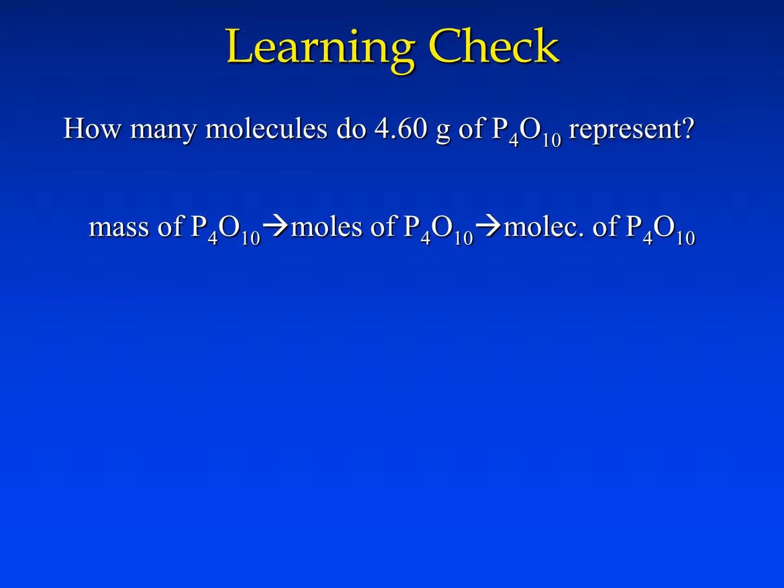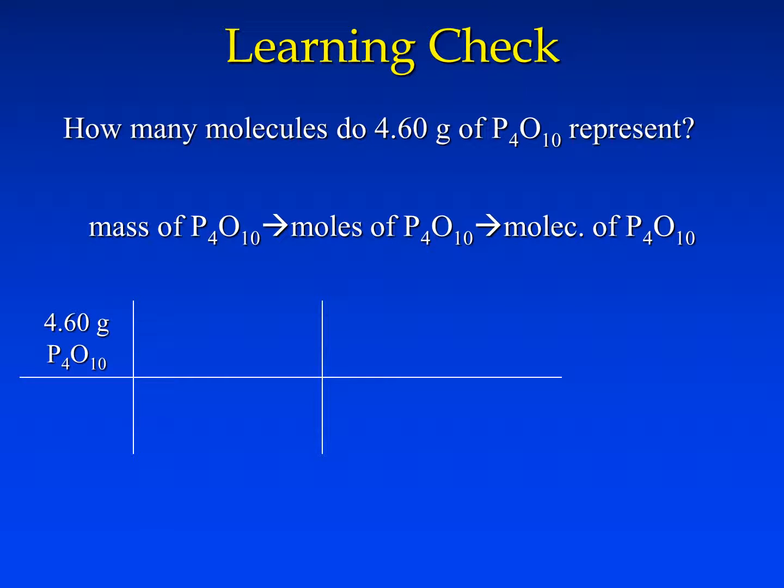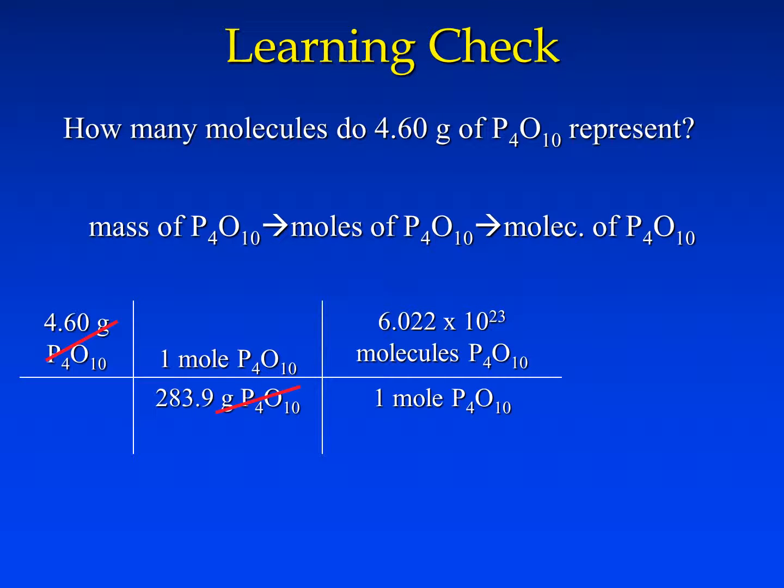You should have realized that here's a sequence: mass to moles to molecules. And in order to do that, you will start, of course, with the amount given. You will convert that to moles. Of course, you have to figure out the molar mass of the compound. But as you can see at this point, we are at moles. But the problem wants molecules, so I have to do one more conversion.